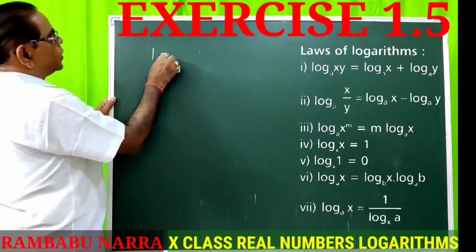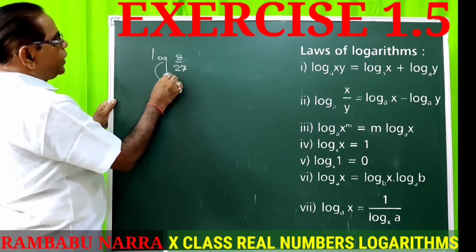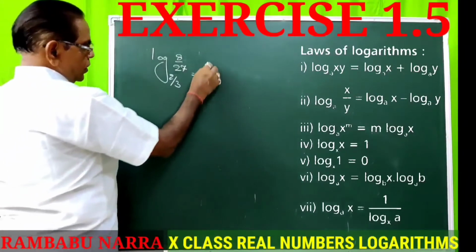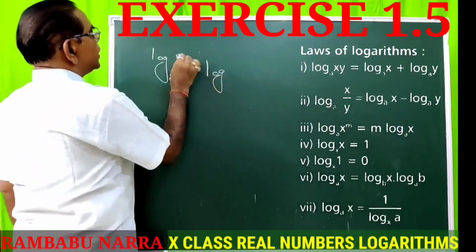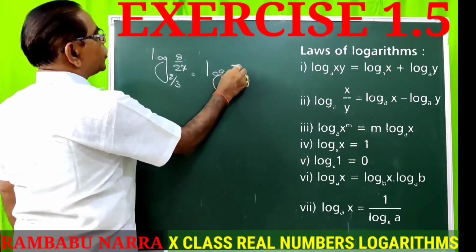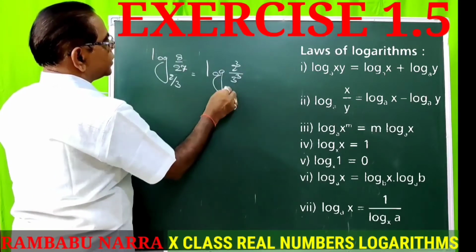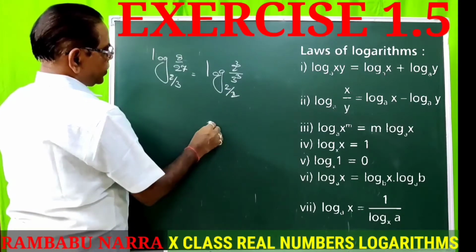Log 8 by 27 base 2 by 3 equal to. We can write the problem as 2 cube by 3 cube, base 2 by 3.